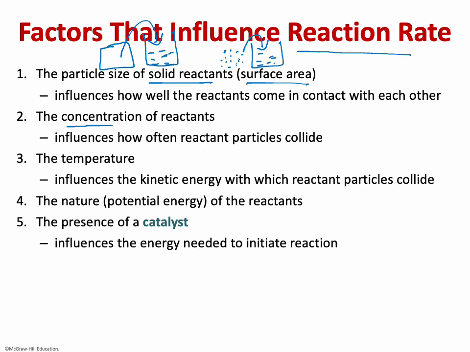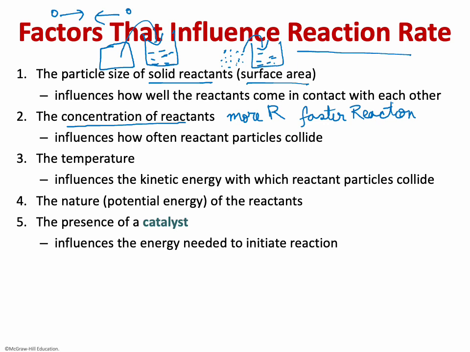The next factor is concentration of reactant, which simply means that if you have more reactant, there will be a faster reaction. Why? Because remember, for any reaction to occur, if I have two molecules of reactants, they need to collide with each other. They need to come together, collide, and whenever this collision meets all the requirements, there are several requirements that this collision needs to meet in order to be able to produce products.